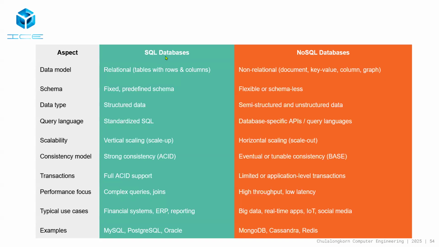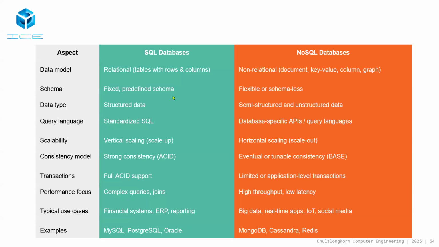For the schema, I already mentioned this. The schema for a SQL database is very fixed. You know exactly that this is the student ID, this is the name, this is the last name, this is the date of birth, and so on. While for NoSQL, it's not fixed, or schemaless. For example, you probably have first name and last name, but you don't have prefix. Or you have the address, but you probably don't have the zip code. So you can't really have a fixed structure there.